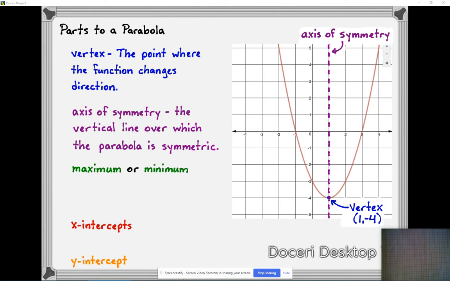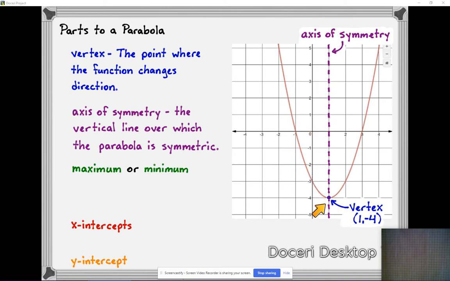Anyways, how do we write the axis of symmetry? For the vertex, we wrote it as a coordinate. Remember, a coordinate is an x value and a y value, x comma y. Well, the axis of symmetry is a vertical line, and the equation of a vertical line is actually an x value.